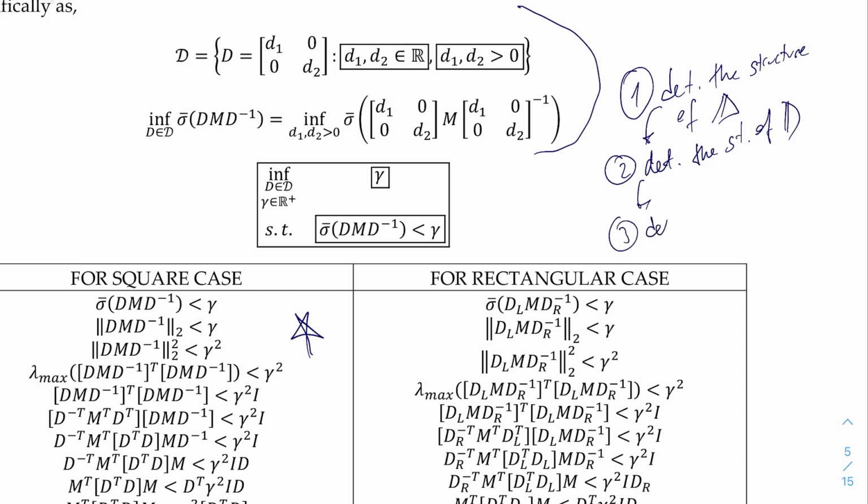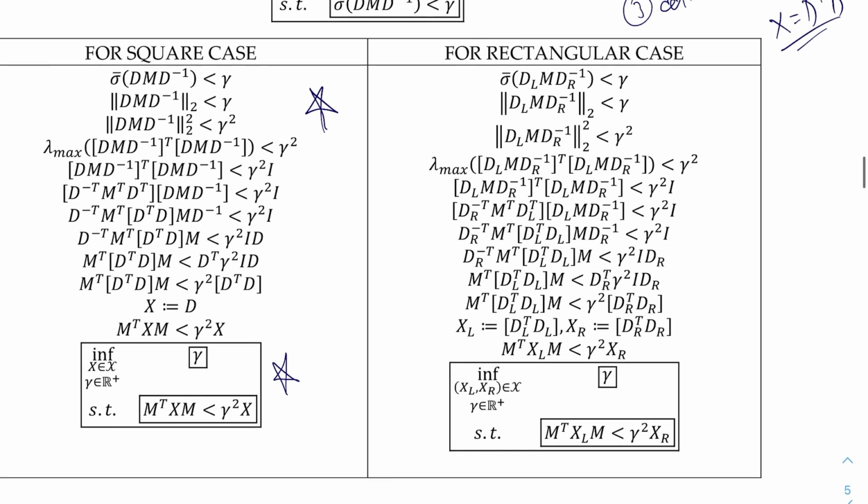And then if we are using Yalmip, determine the structure of, let's call it X, the X set, because we know what X is, X is D transpose D. Okay, because it's written here.